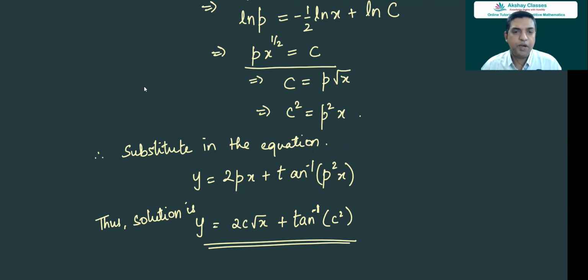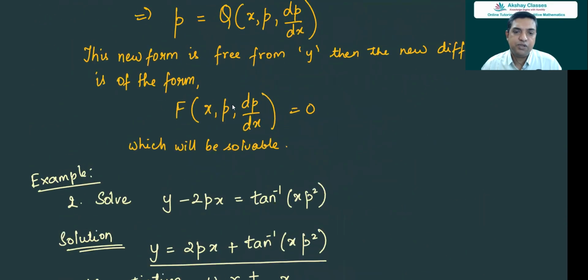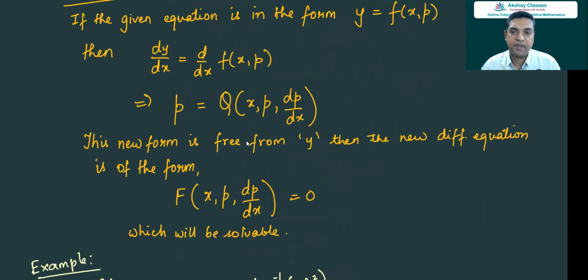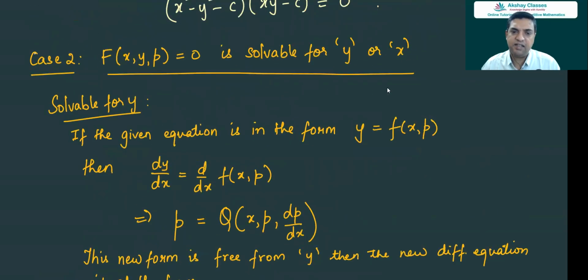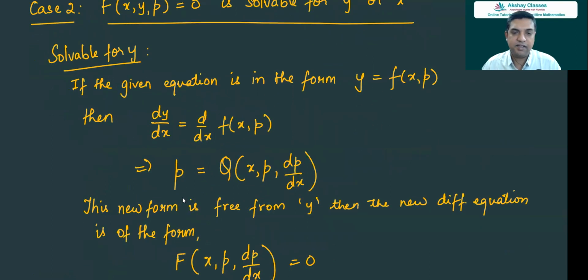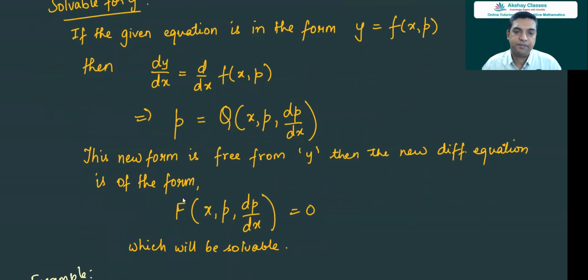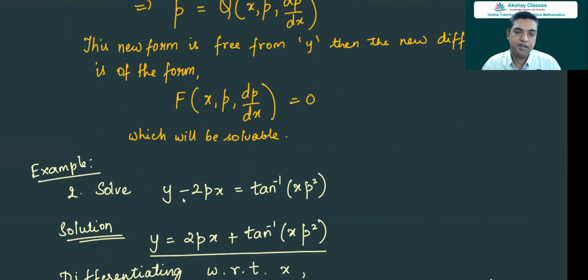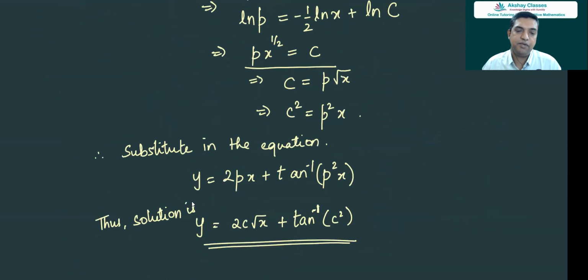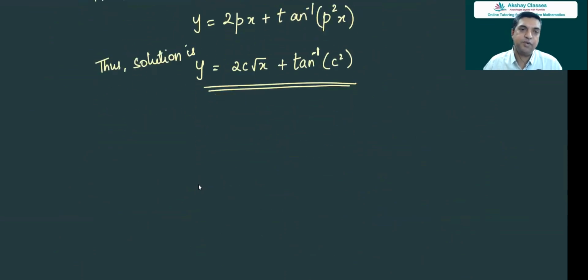So this is one type. Of course, solvable for x is also exactly like this. The equation is in terms of dx by dy. That's the only difference. Instead of dy by dx, it is in terms of dx by dy. And we can solve that this way.